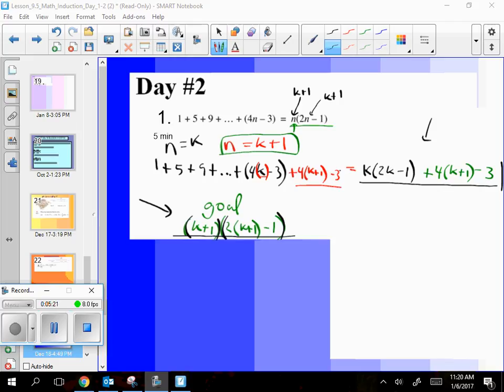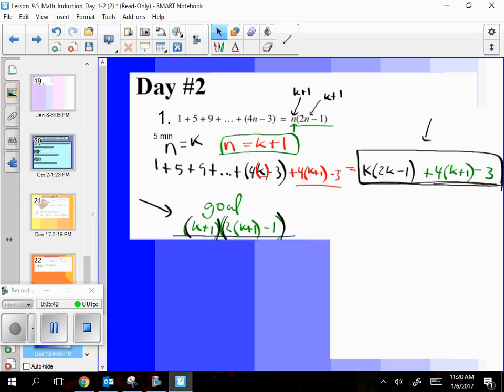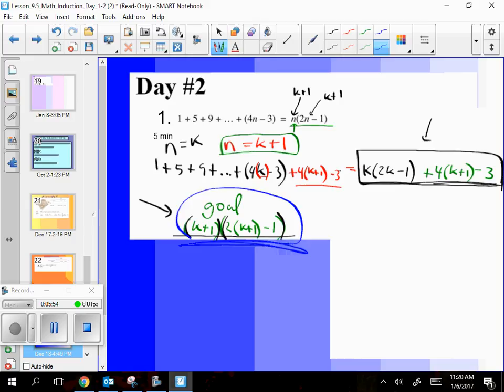But the trick is I can't see anything that factors out of this and this. It's not like there's a k plus 1 in both of them like last time. So you still have to figure out what this factors to. So maybe you should just multiply it all the way out and try to find what it factors to. And here's the hint. We know one of the factors from looking at this. It's telling us one of the factors.